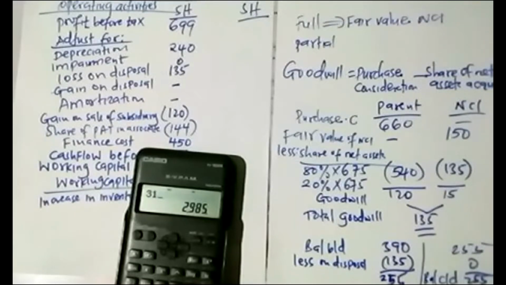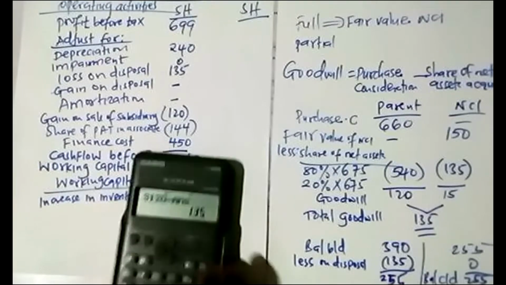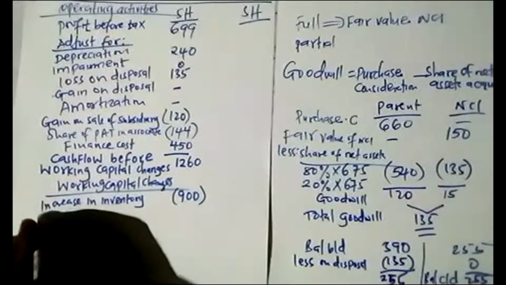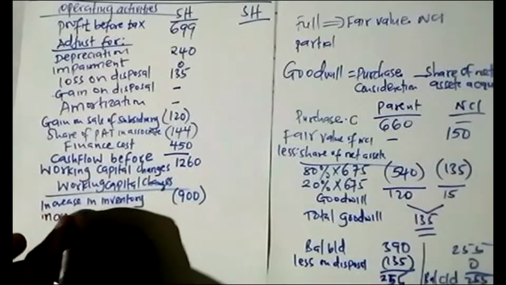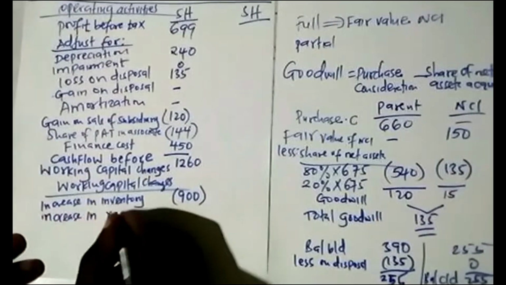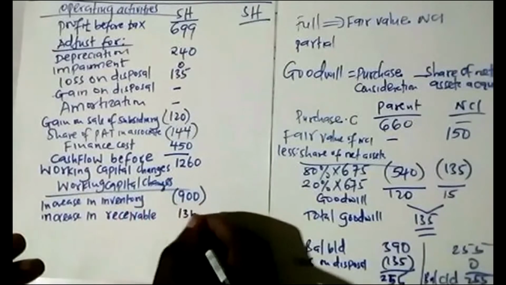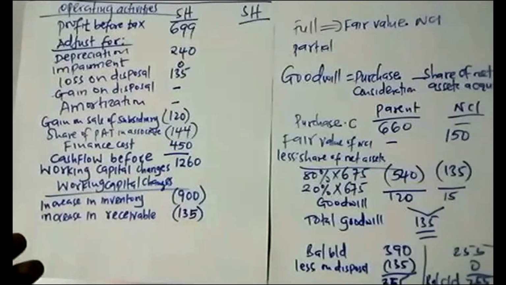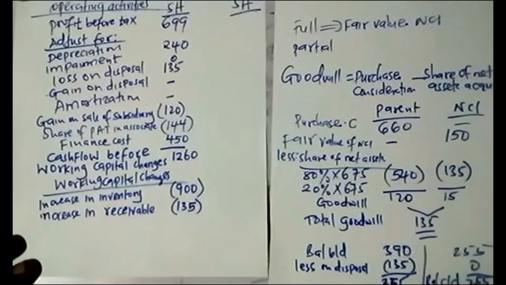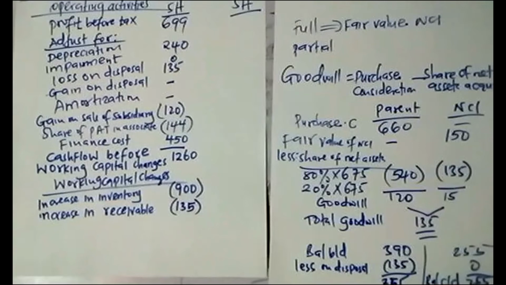So that is 135. So there's an increase by 135. So after that, we talk about another item.